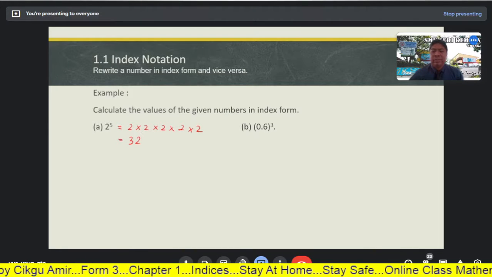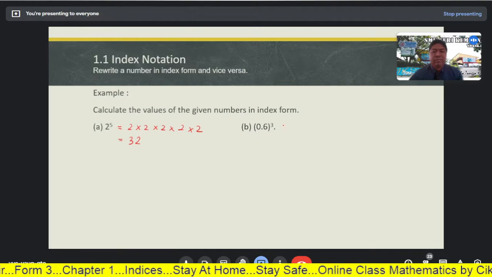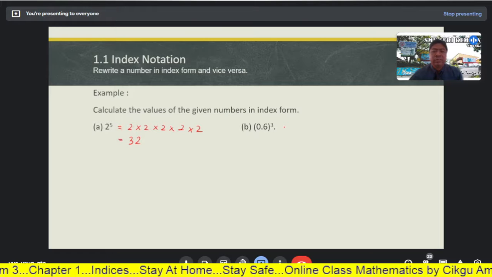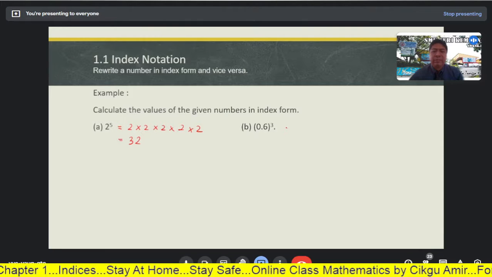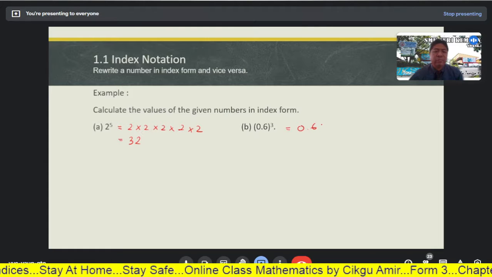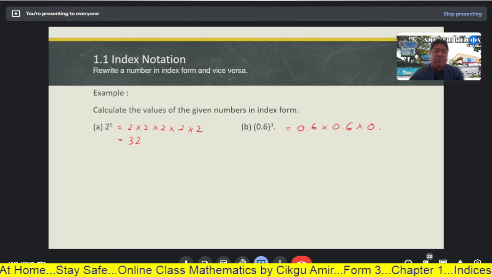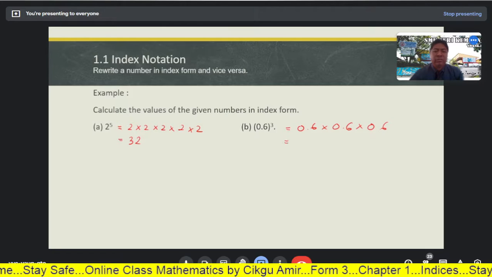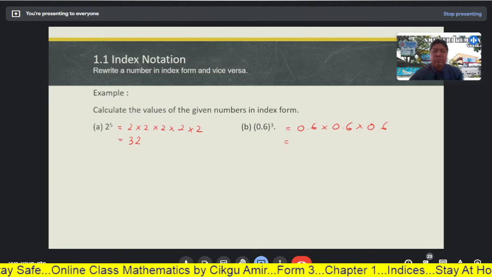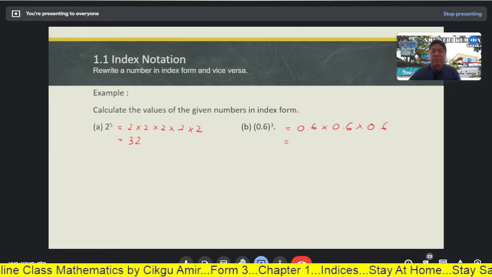Simple, direct question. B, 0.6 to the power of 3. 0.6 to the power of 3 is 0.6 multiplied by 0.6 multiplied by 0.6. 0.6 multiplied by 0.6 is 0.36.